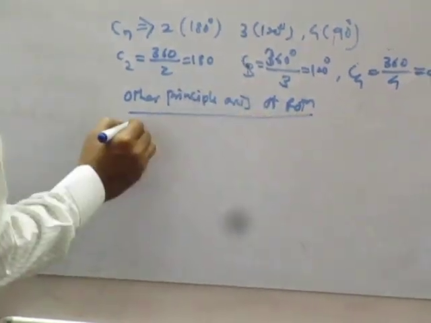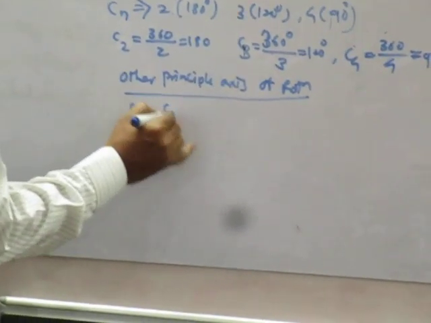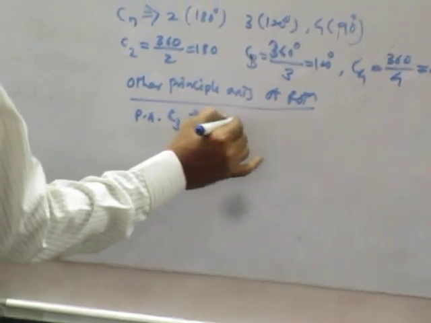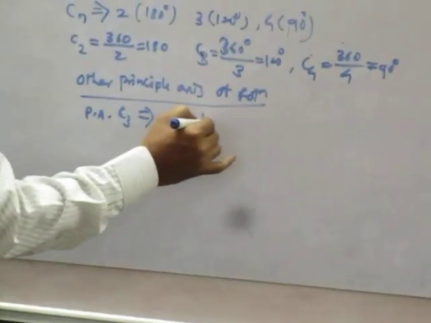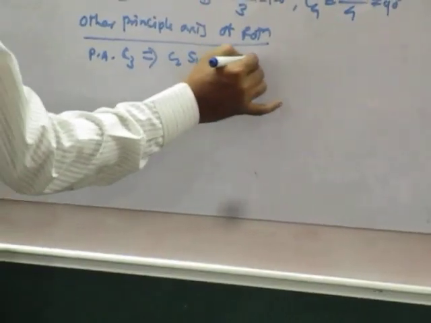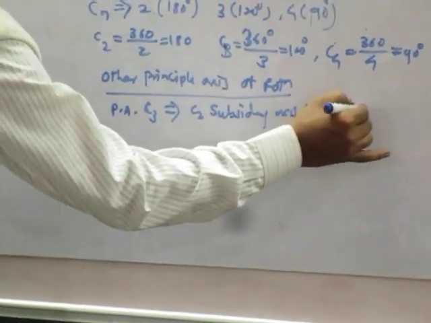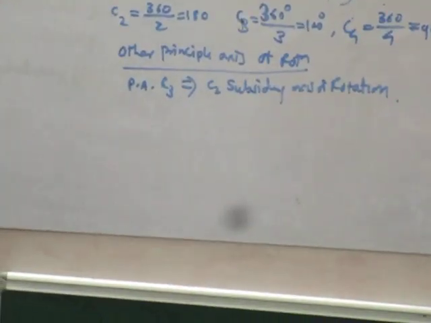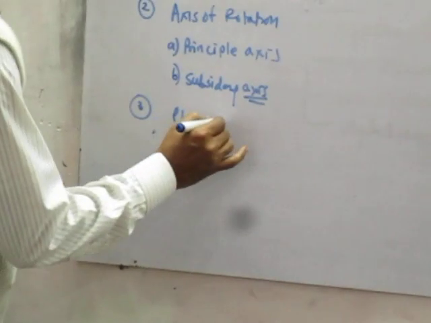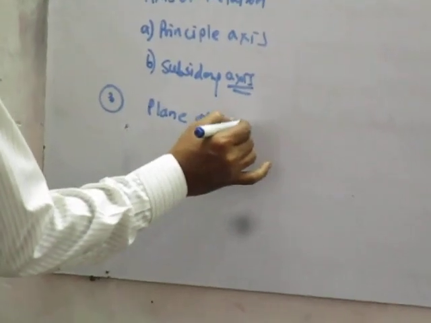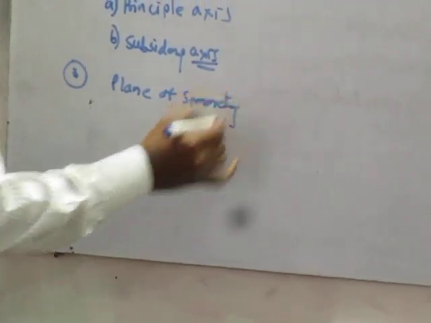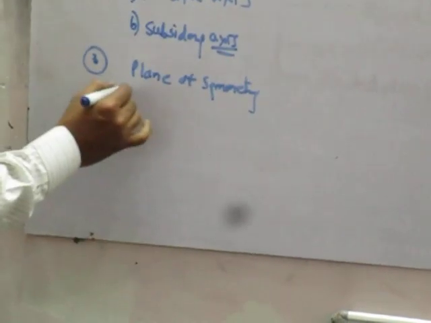If the principal axis is C3, the molecule must possess C2 subsidiary axes of rotation. Third, plane of symmetry, in which there are three planes.